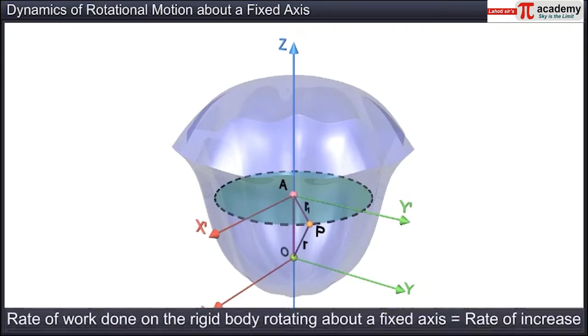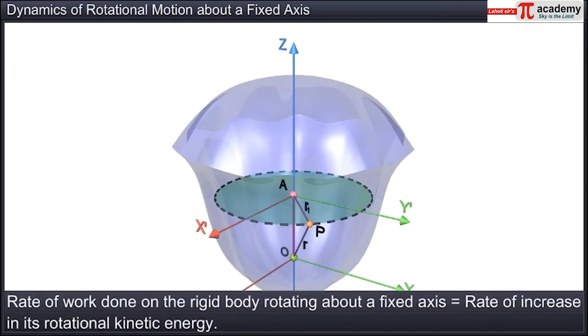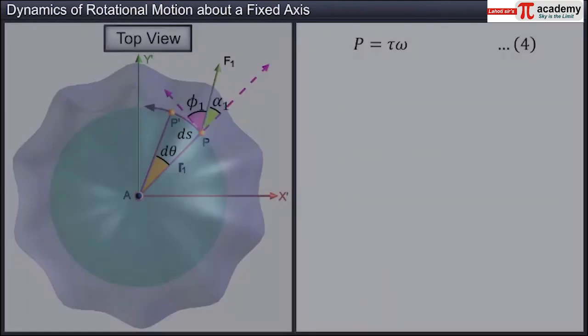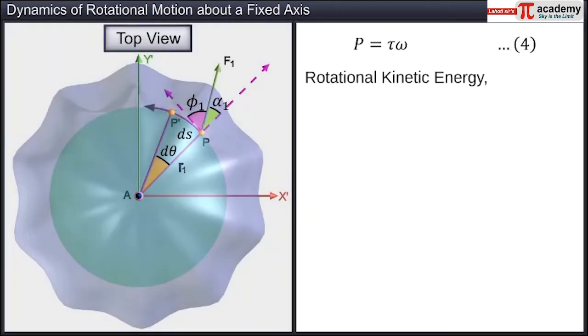Therefore, the rate of work done on a rigid body rotating about a fixed axis must be equal to the rate of increase in its rotational kinetic energy. We know that the rotational kinetic energy of a rigid body is expressed as Kr is equal to half I omega square. Let this be equation 5.